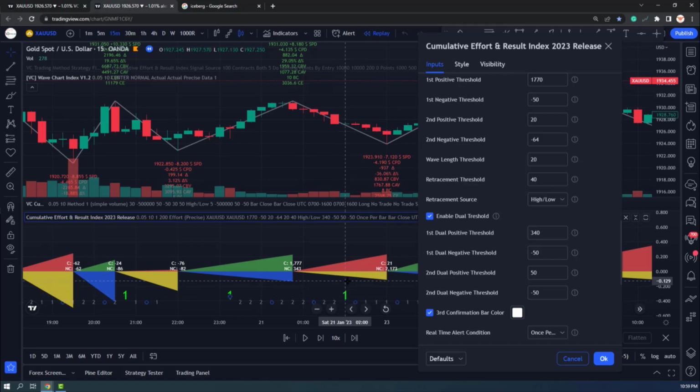Is it clear? The same applies to the negative threshold, and the same to the dual positive threshold and dual negative threshold. I don't need to explain the dual positive threshold now because it is a replica of the first dual threshold.